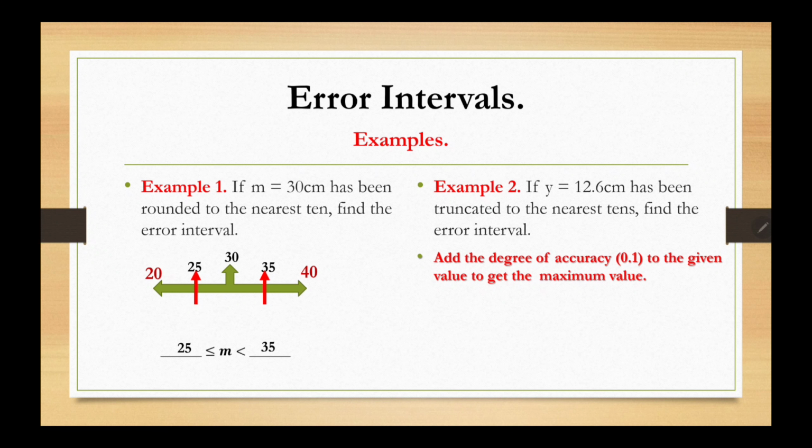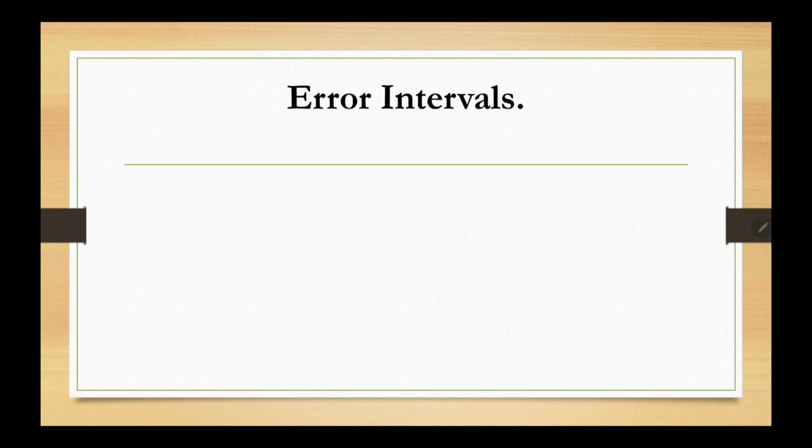Okay, why are we adding 0.1? Because it's to the nearest tenth. 12.6 has only one decimal, so it means that the degree of accuracy would be 0.1. So to get the maximum value, we just add 0.1 and we get 12.7. And that would also give us our error interval, just as shown.